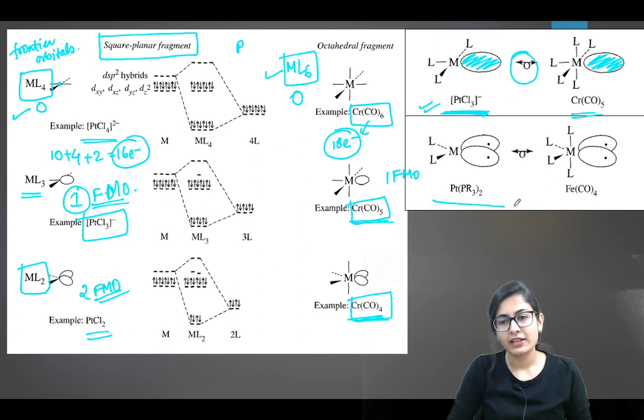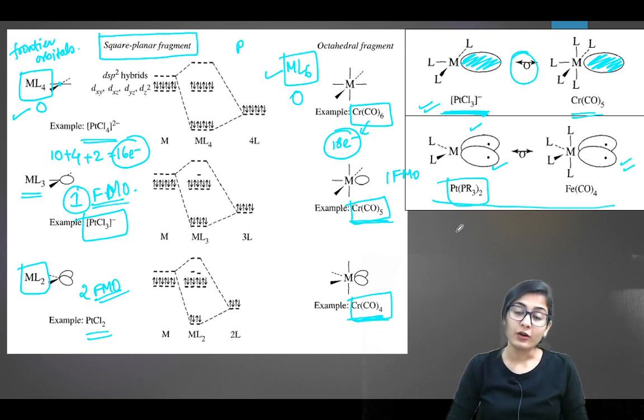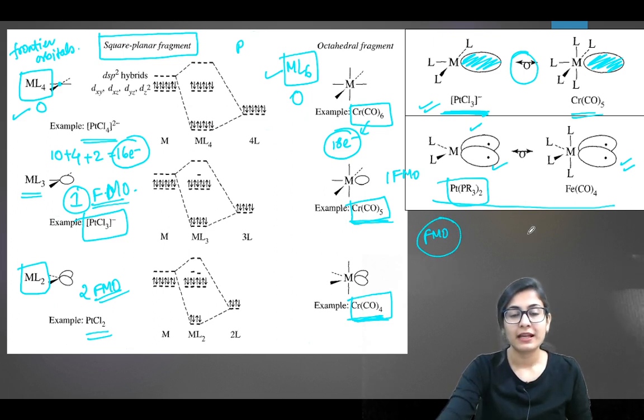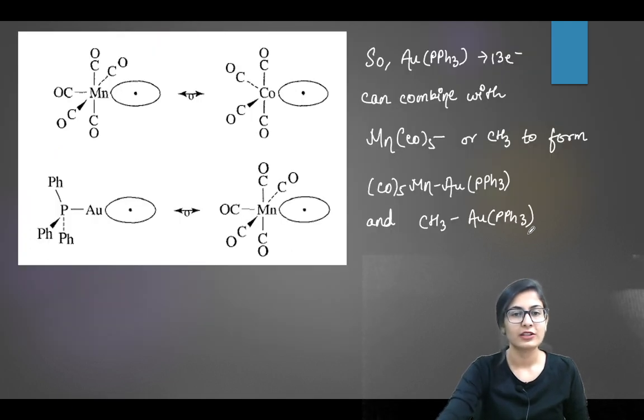So again, we have a few examples over here, and these are the two orbitals it is bringing, PtCl2 and ML4 like this. So square planar and octahedral complexes can also be called isolobal, but mostly based on the frontier molecular orbital that we are bringing forward. There are so many examples in the CSIR NET exam also based on these logics.